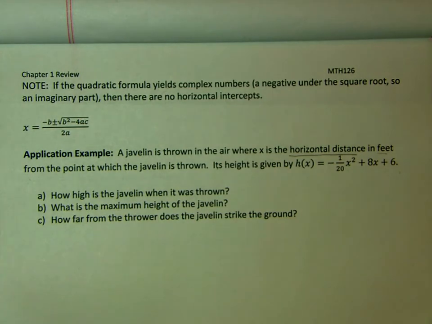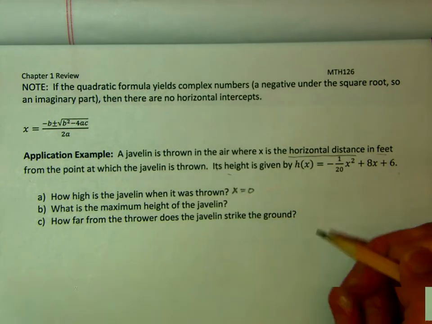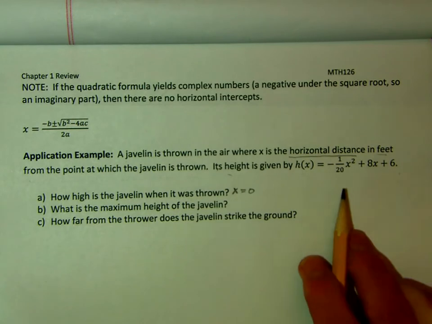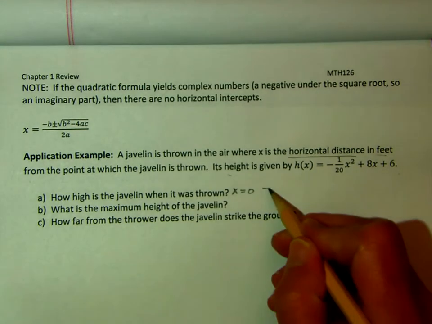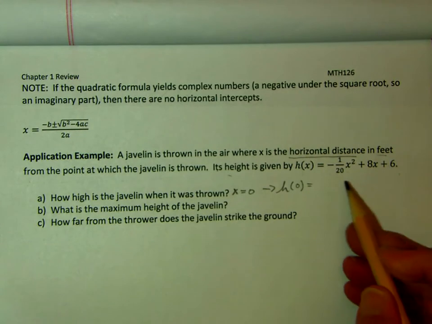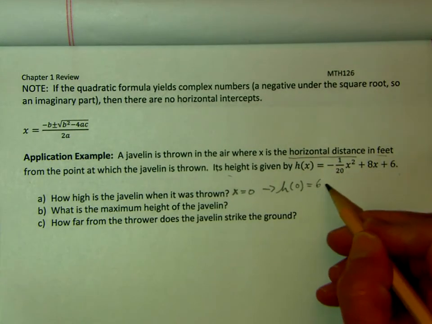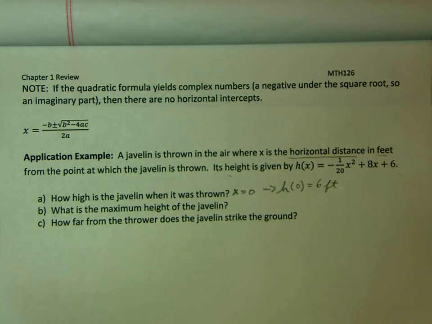When it is thrown would be the initial condition, that is where we start. That would be where x is 0. So if I substitute zeros in and find h evaluated at 0, that would be 6 feet. When the javelin is first thrown, it's 6 feet above the ground.